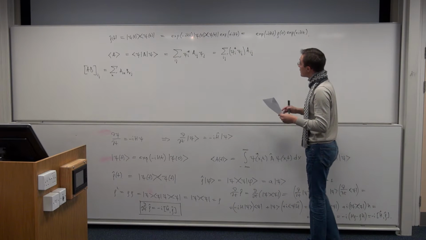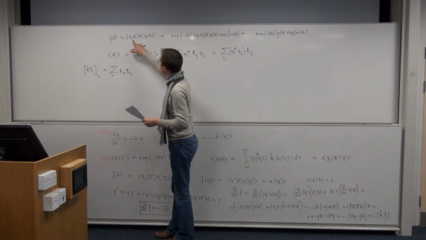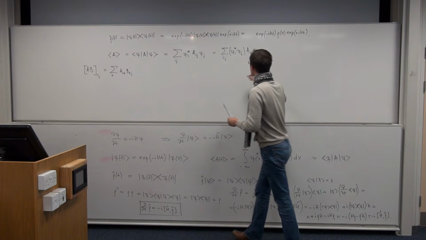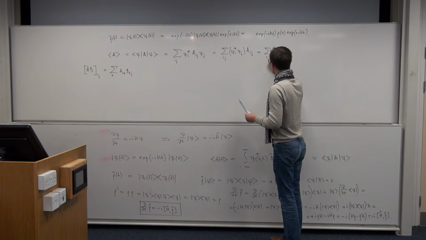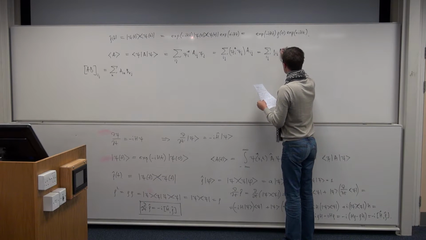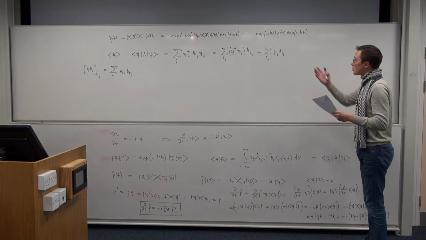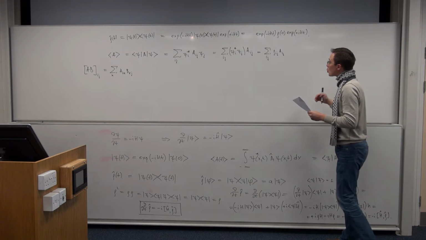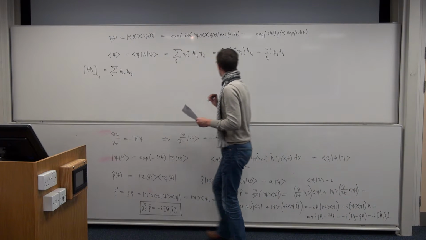Now, psi I psi j is a matrix element of this, and so what we get is the sum over I j, then rho I j a I j, and the only thing that we now need to do is to return it back into the operator notation using this.